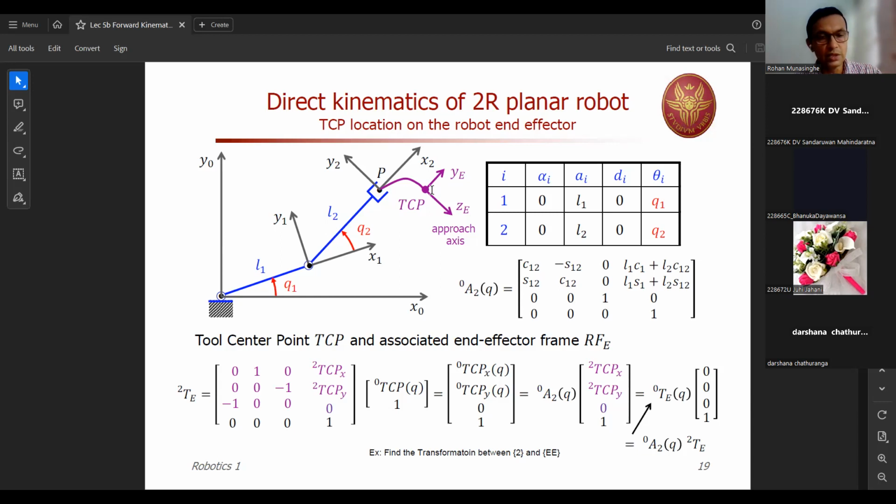Now you need to understand the basic principles of assigning coordinate frames. You can see here x1, y1, that is the first coordinate frame, which is attached to the first link. First link is the link L1 over here, length of the link 1. And the frame is at the end.